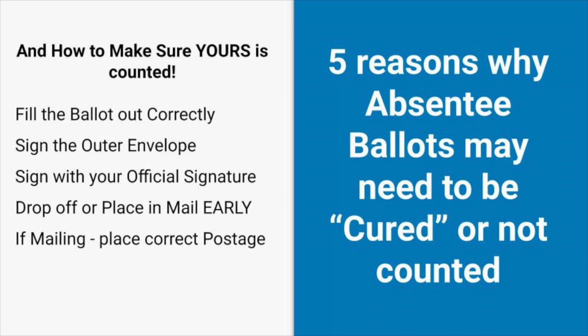But in Gwinnett County, there are absentee ballot drop boxes in all 15 branches of the Gwinnett County Public Library, in addition to those at the Parks and Recreational Activity Centers, for a total of 19. Just make sure they are in the drop box by November 3rd. And last, number 4, if you're mailing your absentee ballot, make sure to put the correct amount of postage on it, or it may be returned to you to add more, which may be late.